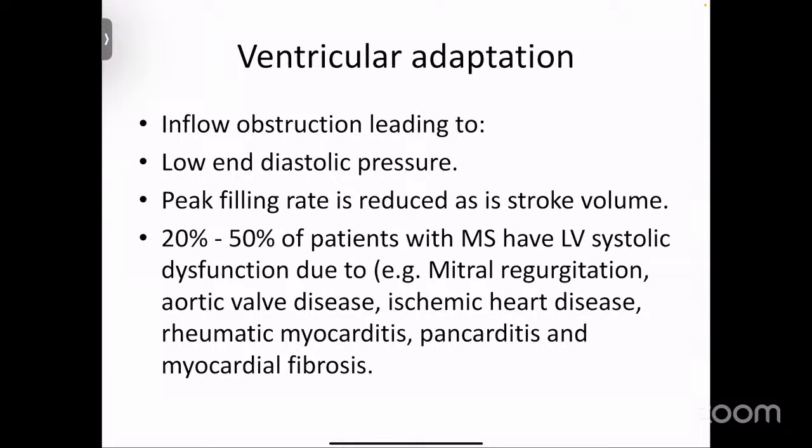In such cases that have reduced peak filling and low end diastolic pressure, cardiac output is diminished as a result of this inflow obstruction, leading to underfilling of the ventricle rather than pump failure.